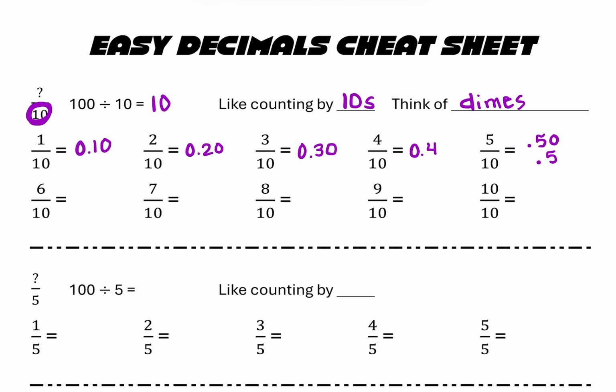So 6/10 would be 0.6, 7/10 0.7, 8/10 0.8, 9/10 0.9, and then 10/10 is 1 whole or like $1, and you could write that as 1.0 or just a 1. So if the bottom number is a 10, the top number is how many tens, okay?